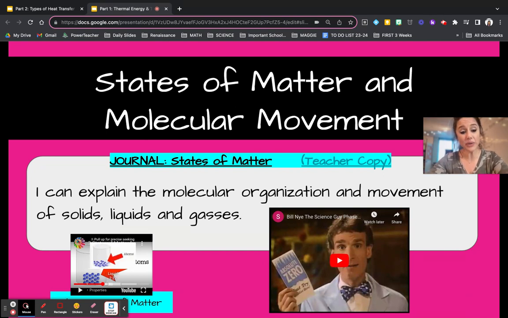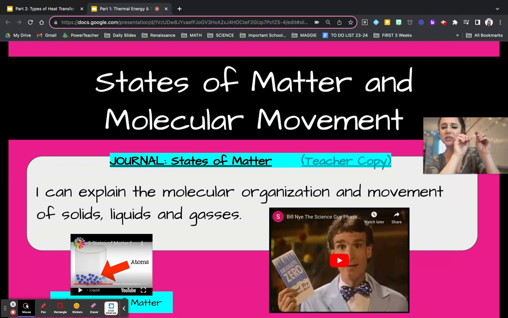A liquid's a little bit different. I compare liquids to kinetic sand or Dippin' Dots or those little magnetic spheres that kids buy, and you can move them around. So there's still an attraction there, but they can move all around. If I pour it into a container, obviously it's not going to stay in a shape.